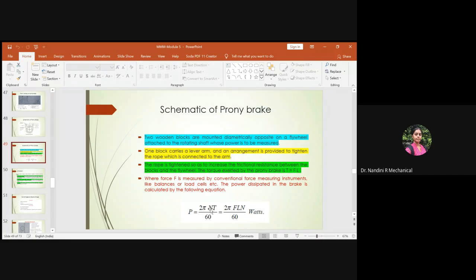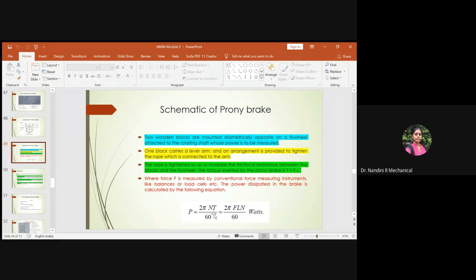Instead of T, you can replace the torque with the value of F into the length of the lever arm. So you can replace T, the torque, with the frictional force and the length of the lever arm, but the value of the power remains the same.